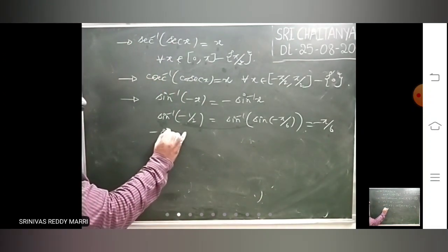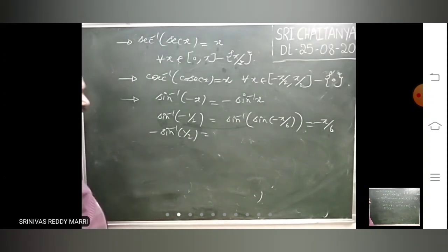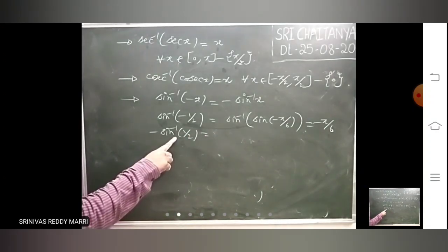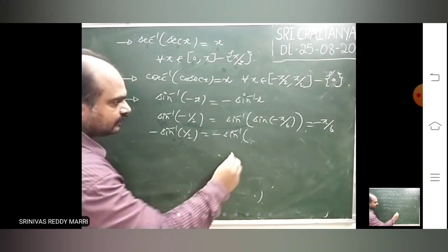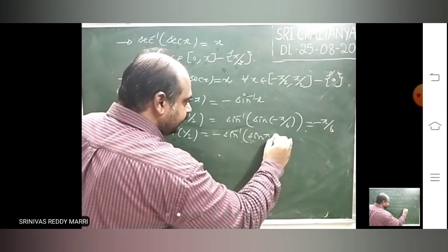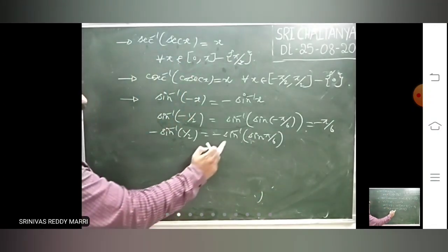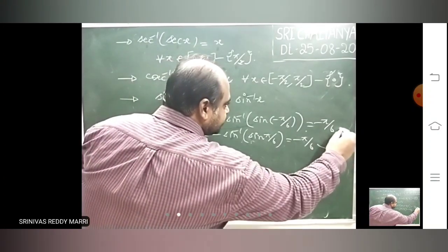Now, if you calculate this value, minus sine inverse 1 by 2, that is minus sine inverse sine of pi by 6, this is nothing but minus pi by 6.